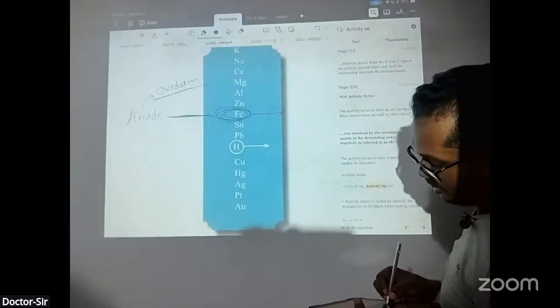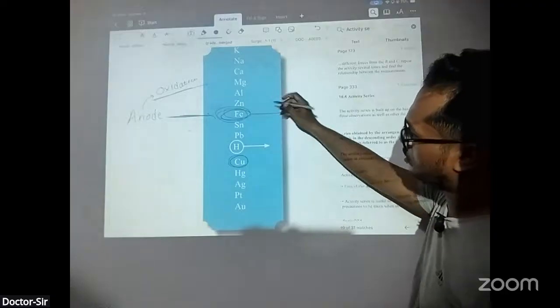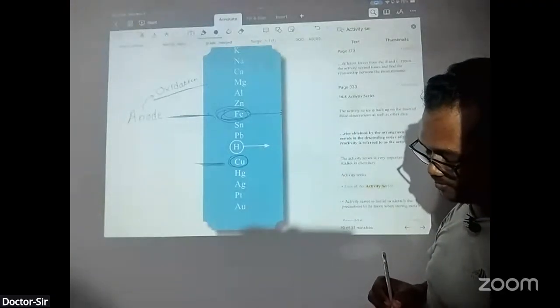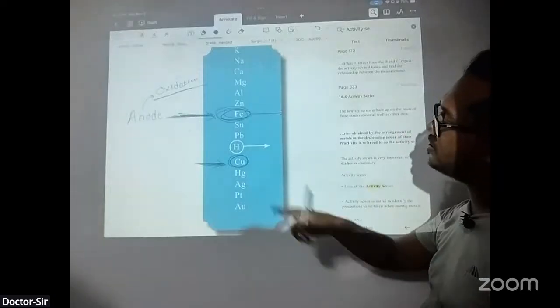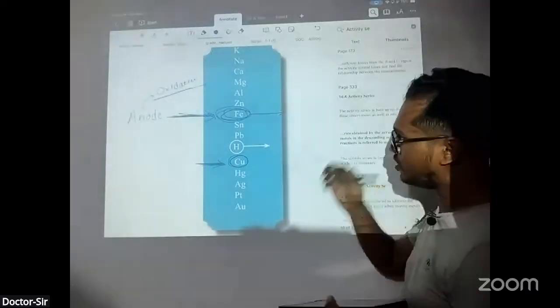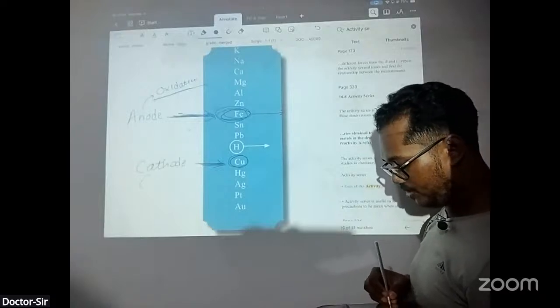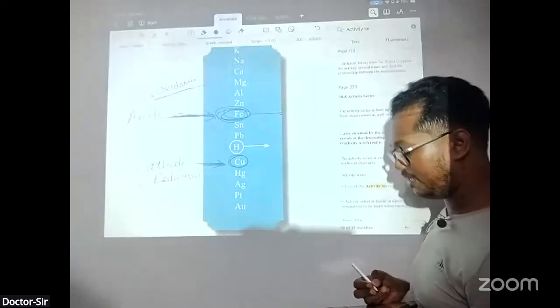Whatever the element, the next one, we compare two elements, so one is the ferrous, one is copper. Our cell is created by using ferrous and the copper. Then you will see the copper is the lowest one, so it will act as a cathode and it will go for the reduction reaction.